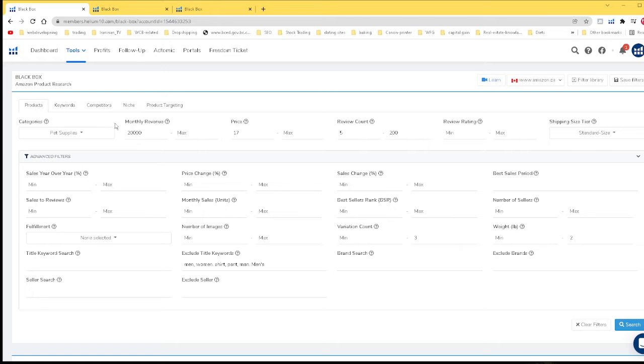So in this scenario, I'm going to use monthly revenue based on profit margin. You are looking at something that you want to make some profit. If you are interested in making, let's say, 5,000 or 10,000 profit in a month, you should have a monthly revenue of 20 to 30,000 in order to get the profit margin to where you want it.